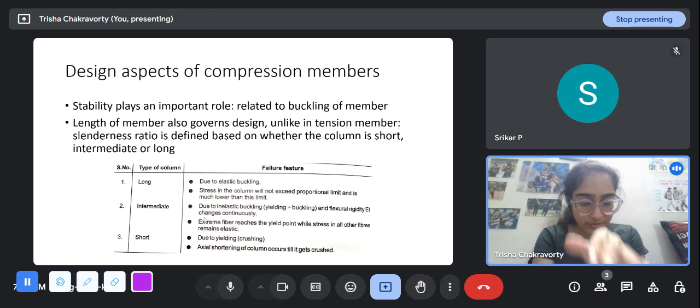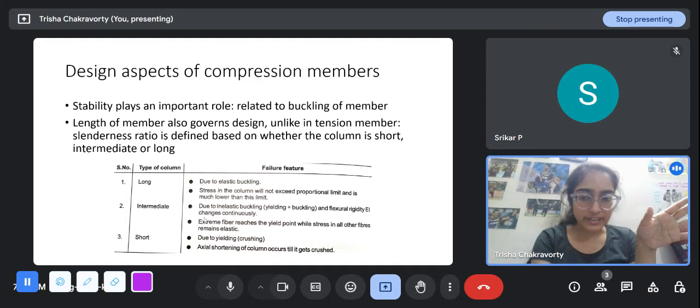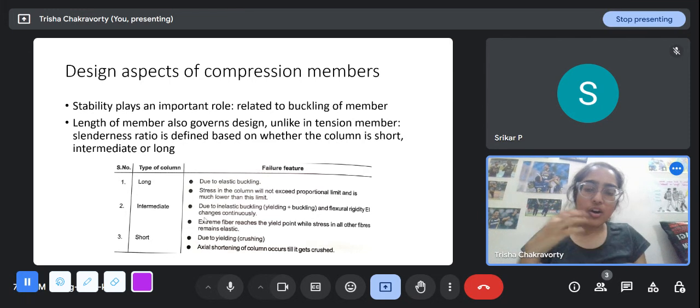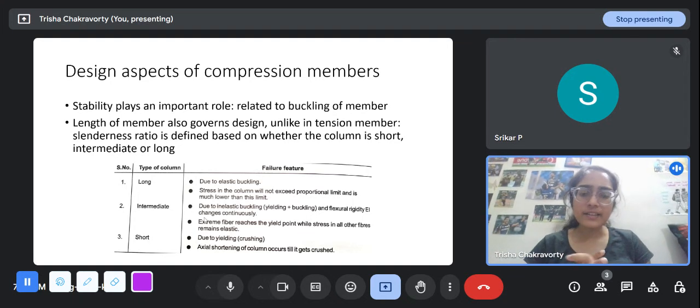But this we generally do not account for in our analysis, and this is called geometric nonlinearity. We generally consider structures to be geometrically linear, which means that the displacement or deflection that occurs in the course of our loading does not affect the area or the geometric factors.